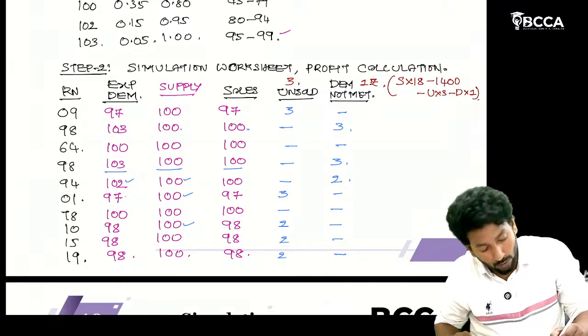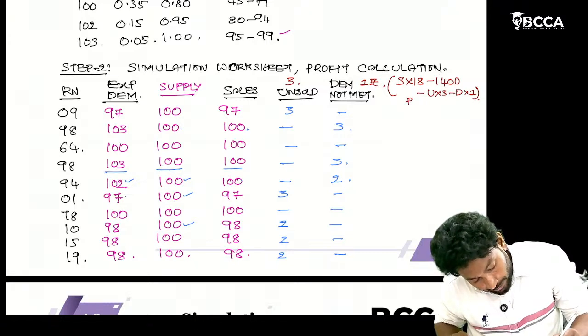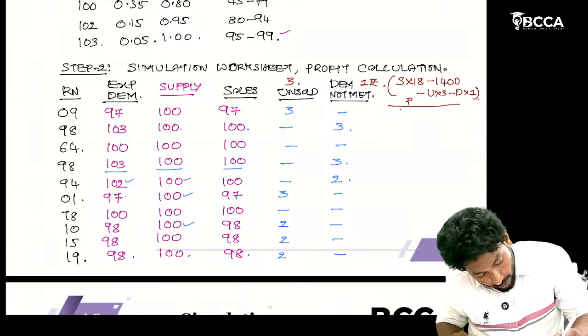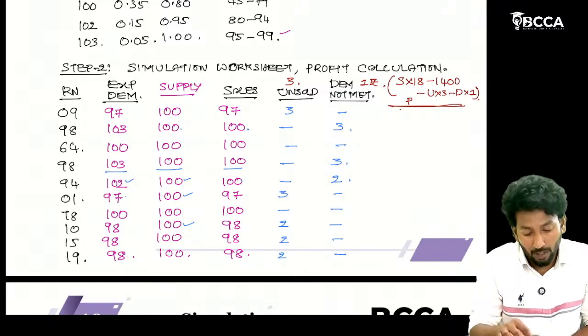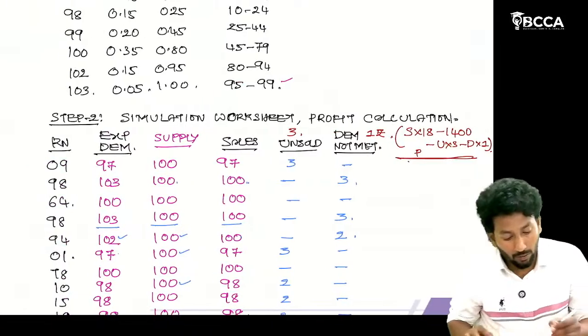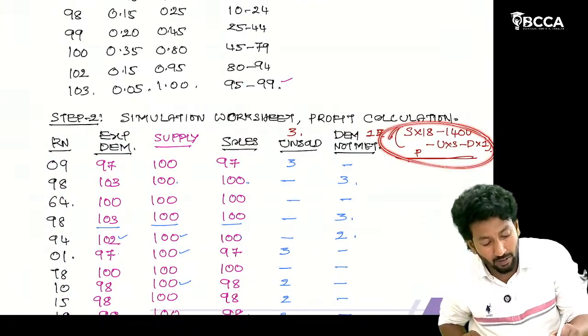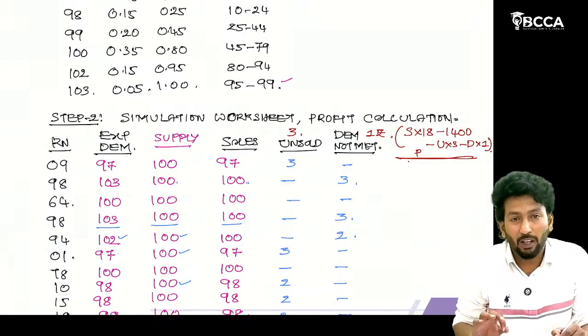So that gives us profit. Take a profit column and write this. We don't need to write this equation; for understanding only I have written it there.